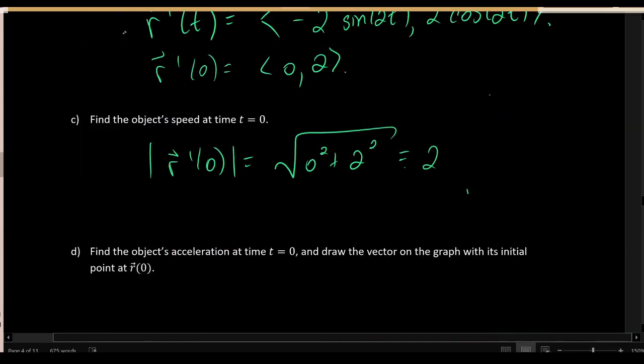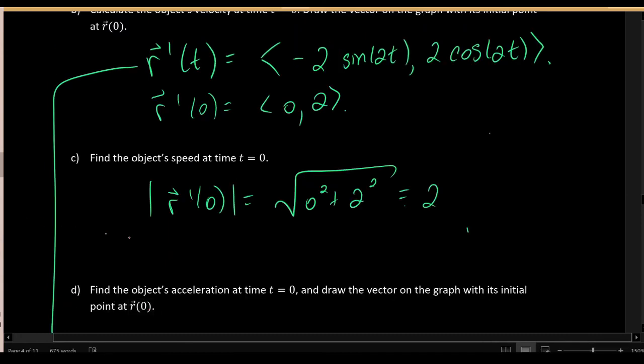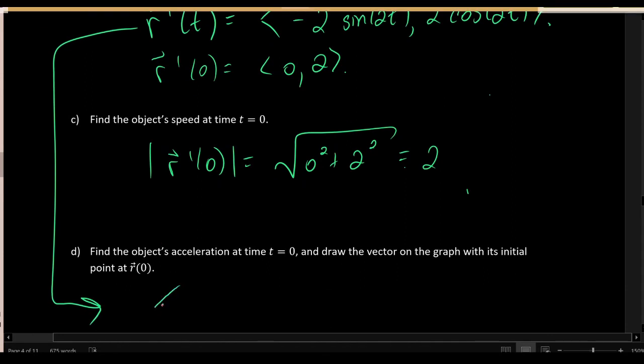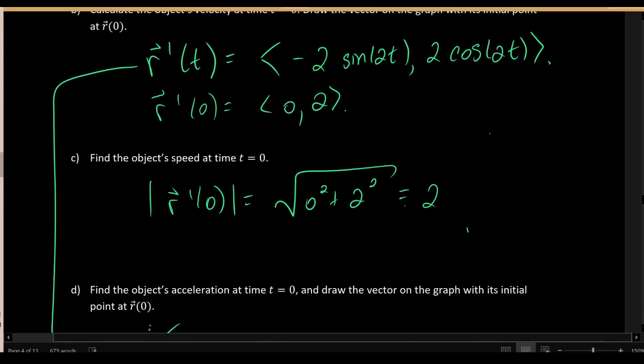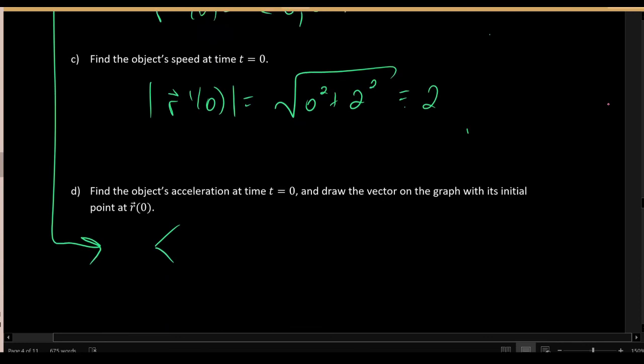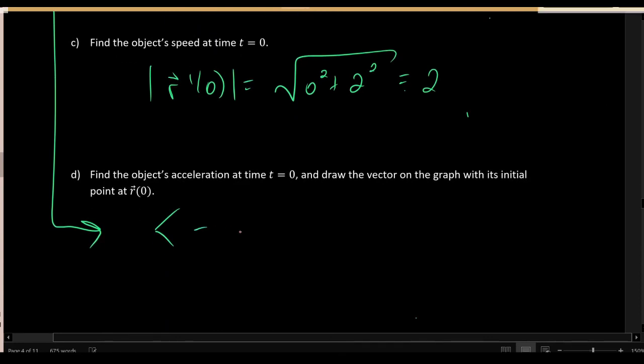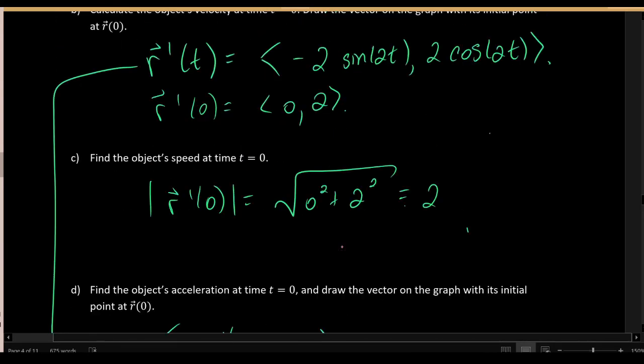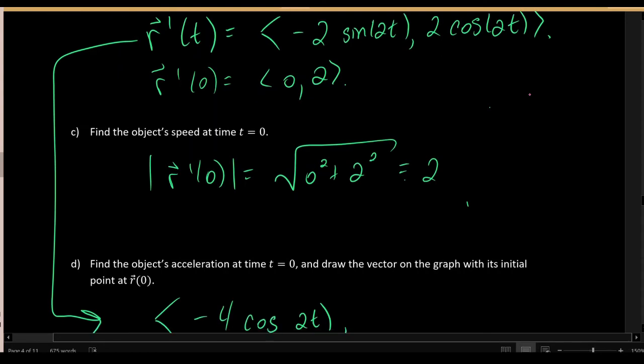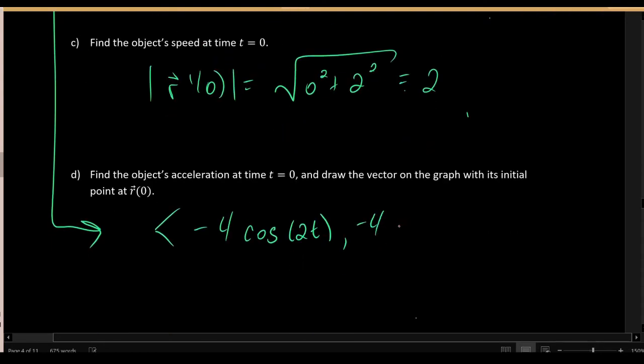Let's calculate the second derivative by taking the first derivative of r prime, and we get negative 2, so constant multiple, times the derivative of sine 2t. So another 2 actually is going to come out, and we get negative 4 cosine 2t. Another 2 is going to come out, and we get negative 4 sine 2t.